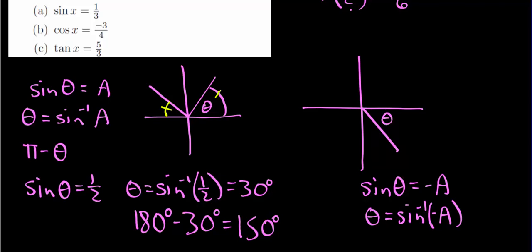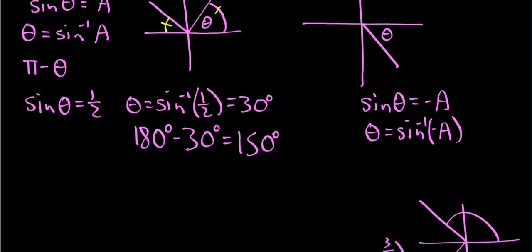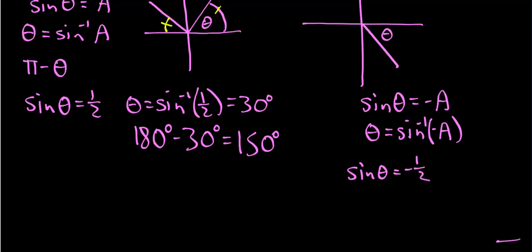And it's going to be a negative number, like negative pi over 6. Let's try this. Just put some concrete numbers with it. Let's suppose that we have sine of theta is equal to negative 1/2. Well, if we do inverse sine of that, we're going to get negative 30 degrees.